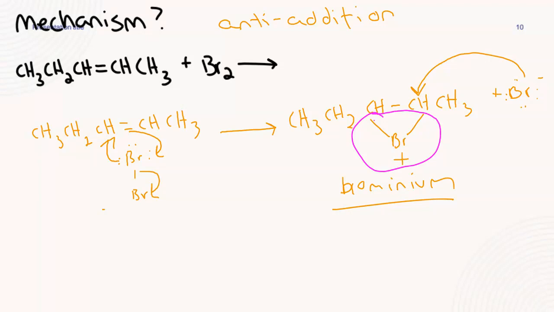Okay. So when it attacks this carbon, the carbon-bromine bond will break. So this bond is still intact. So it's going to be this one here.